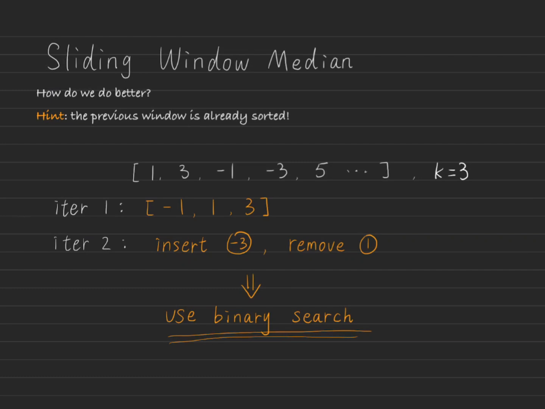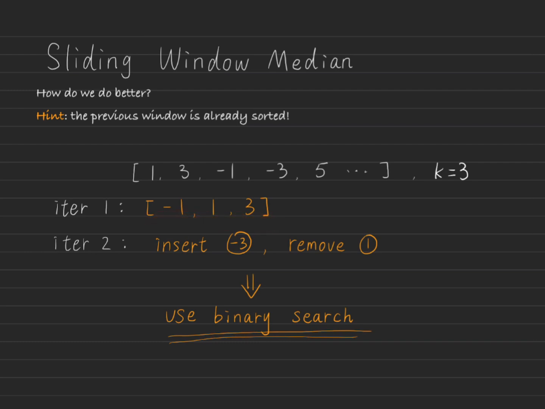Instead of sorting the array from scratch every time, we can make use of the fact that the previous window is already sorted and use that to construct our new window. Here's what I mean. Consider the same example 1, 3, -1, -3, 5, and k equals 3. Our first sorted window is -1, 1, and 3.